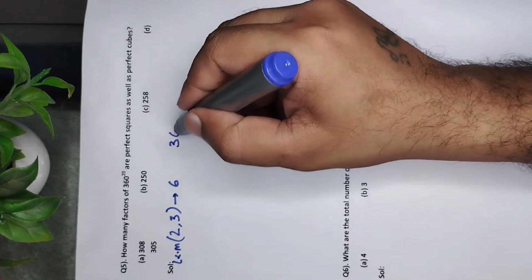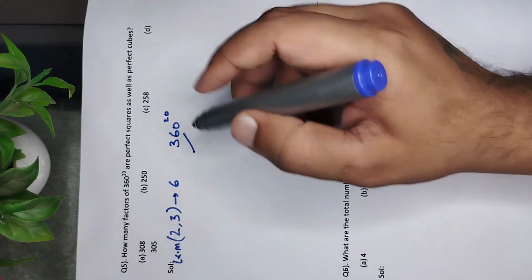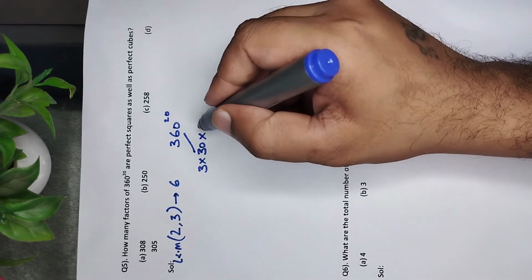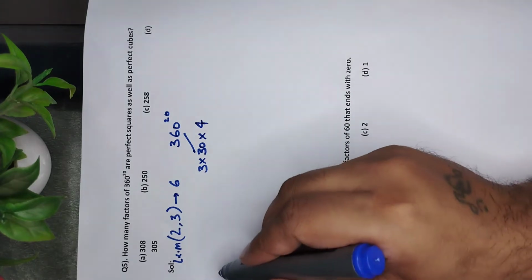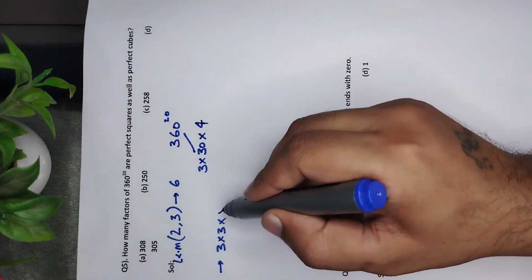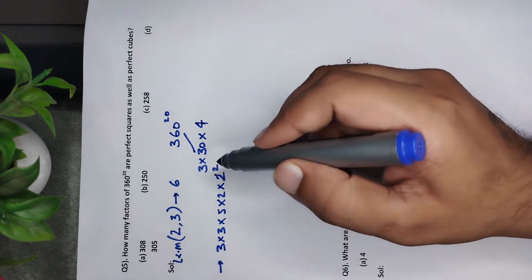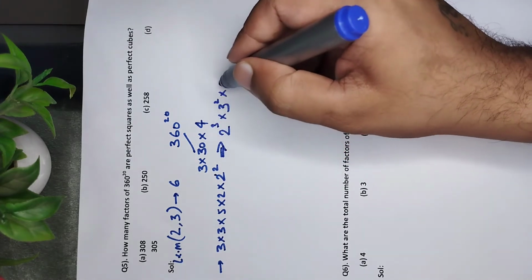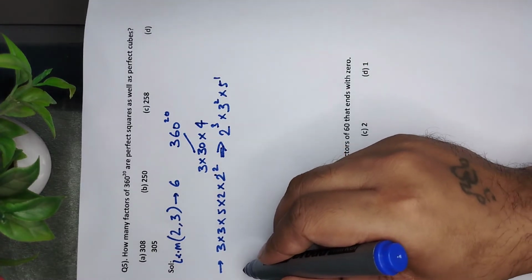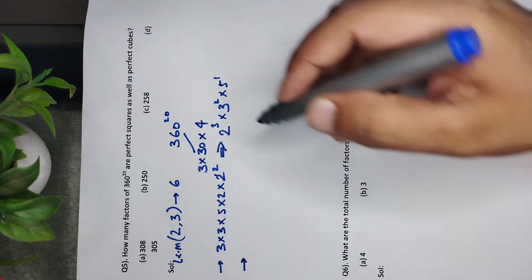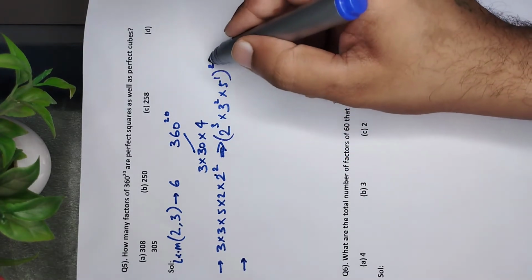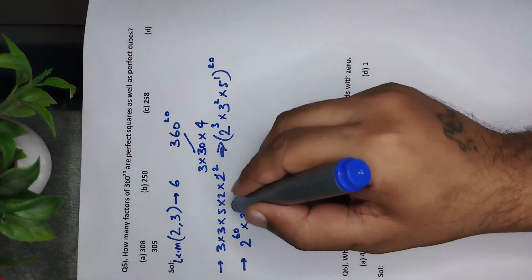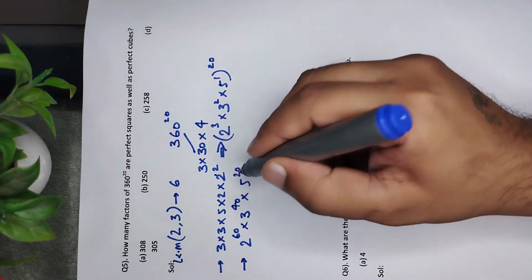So I can write this 360 raised to the power 20 as 2 raised to the power 60 multiplied by 3 raised to the power 40 multiplied by 5 raised to the power 20.